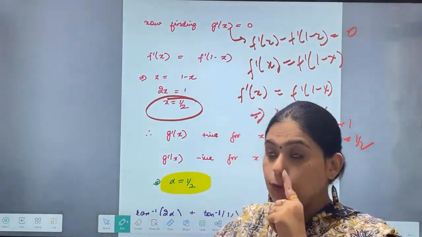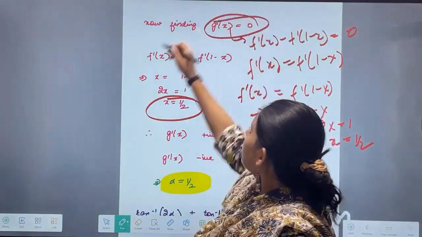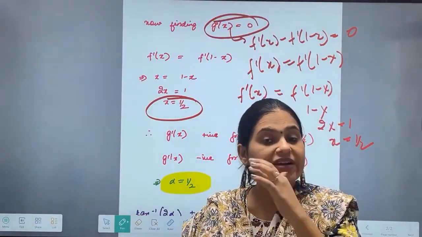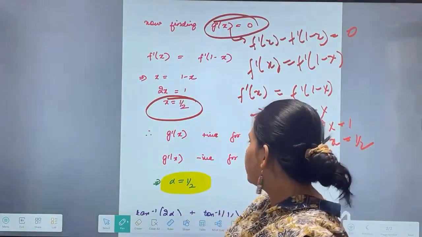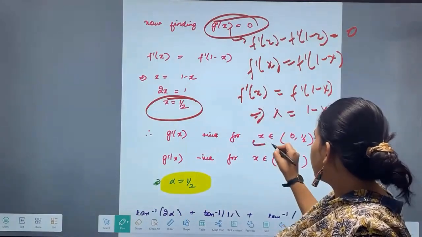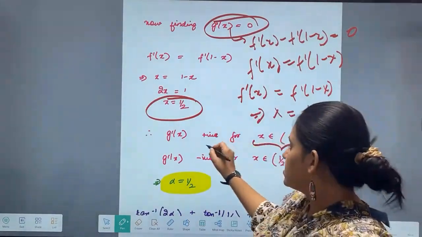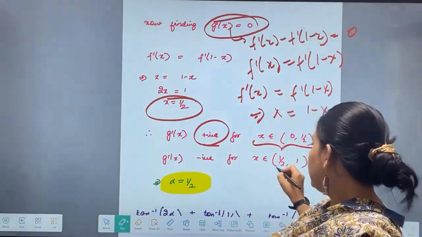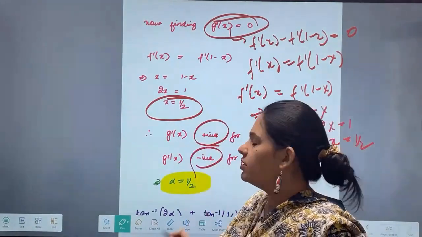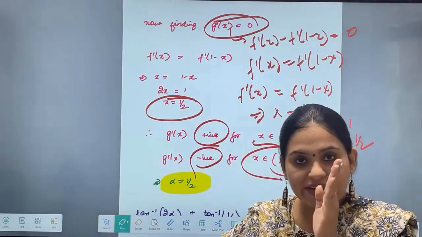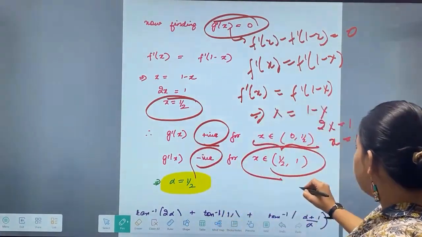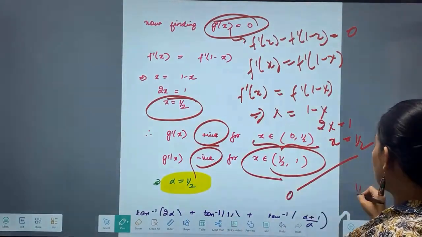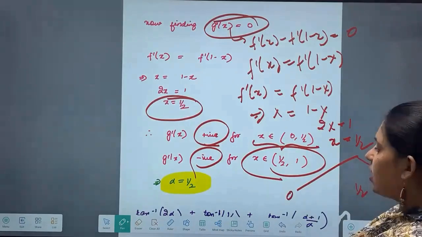Half is that value where your function has a point where it reaches either maximum or minimum. Clear my baat? So beta, now you can check that between 0 to half it is increasing and between half to 1 it is decreasing. So वो जो point cut करने का point है. So g function is increasing between 0 to half and decreasing from half to 1.